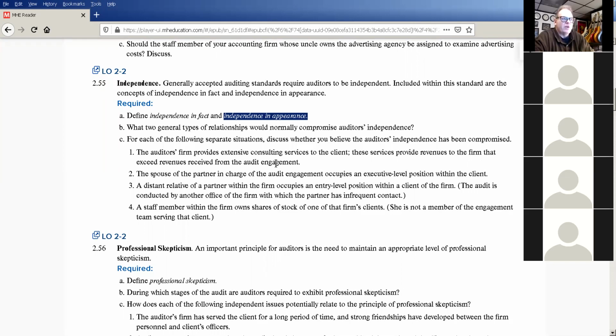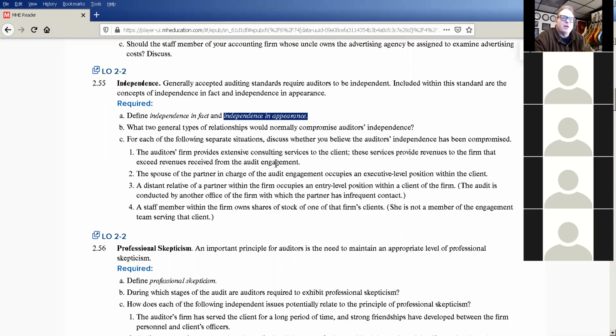Is there any question on that? So independence in fact is that the auditor's state of mind is independent. Independence in appearance is that, even though they may be independent in fact, they also cannot have the appearance of being not independent.